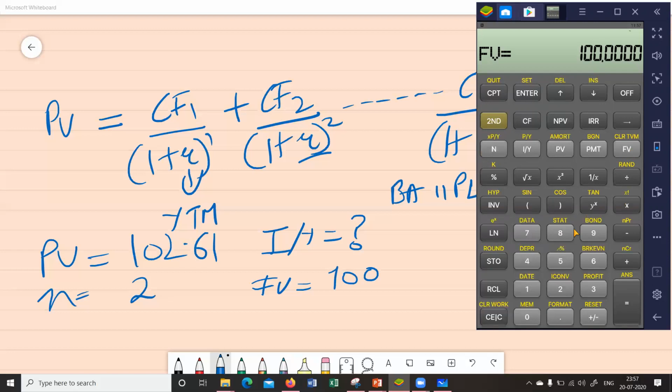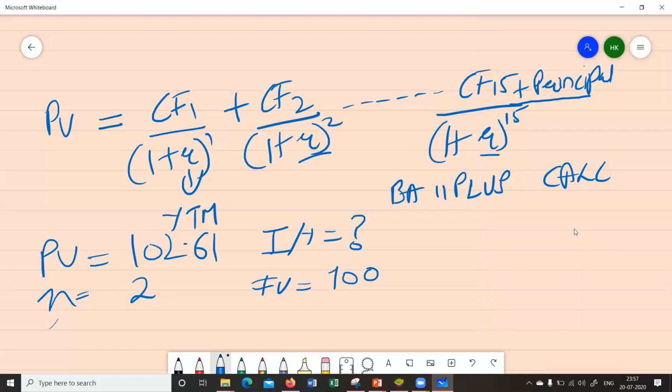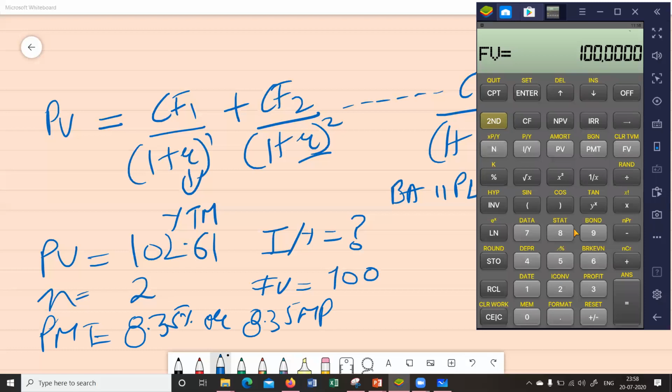One thing we missed was the coupon payment. So I'm just going to write down payment. That's 8.35%, or you can say 8.35 Mexican peso. So 8.35 of 100. So coupon is always based on the par value. So par value in our case is 100, and the coupon will be 8.35 Mexican peso.